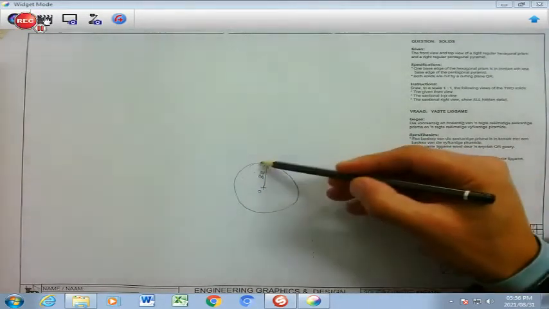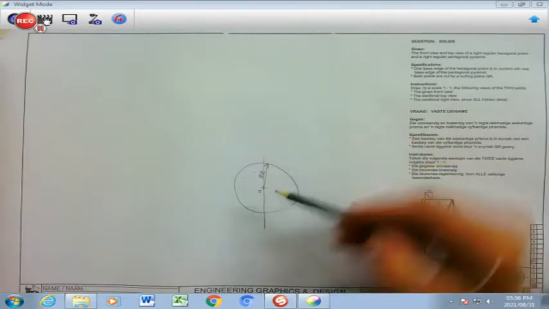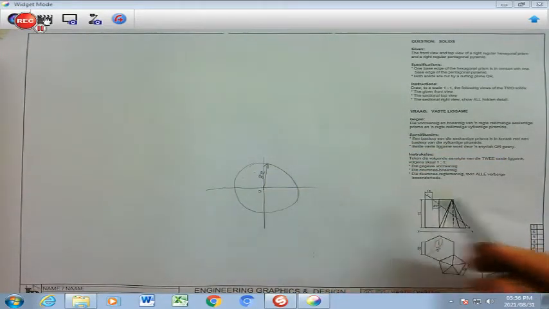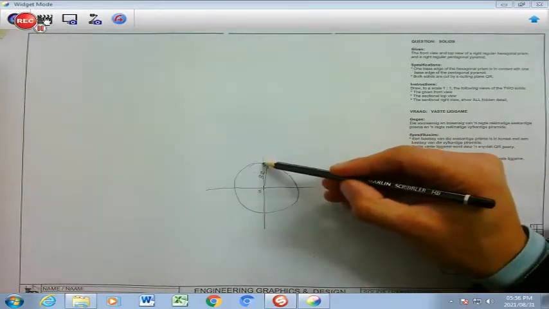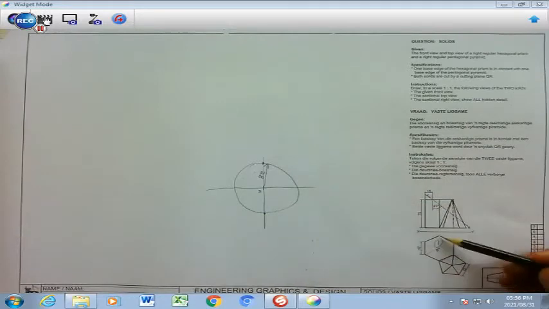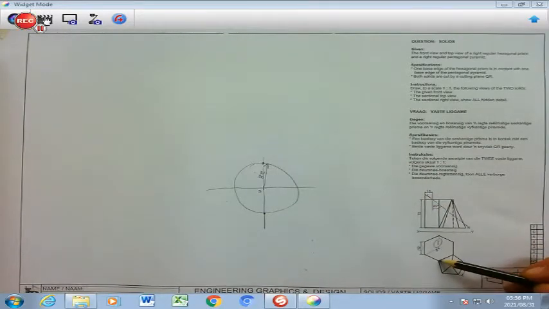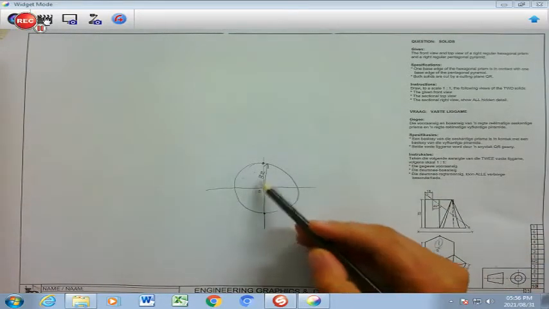And then, of course, learners, you will take your set square and your T-square, and you will divide that into 4 parts. You will obviously have that point and that point here, which is going to be your top and your bottom point of your hexagon.